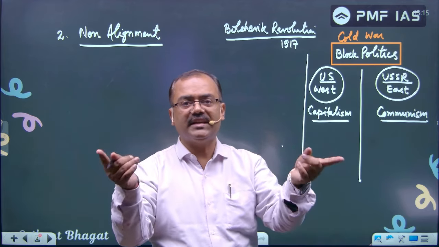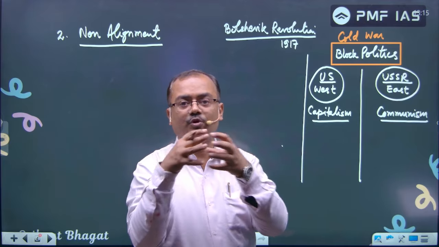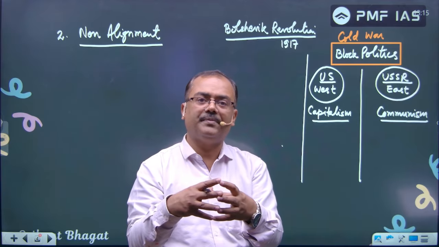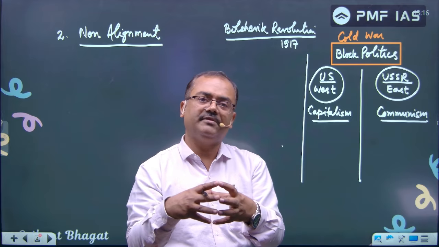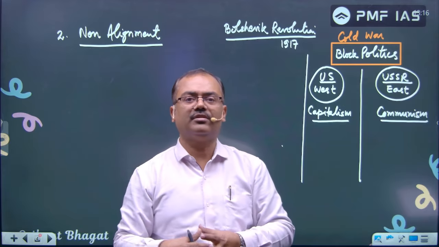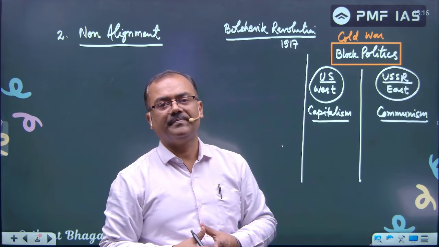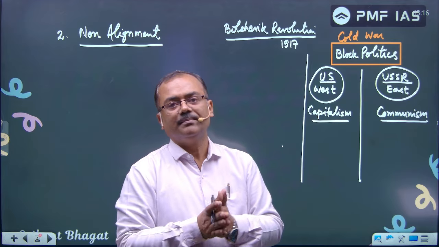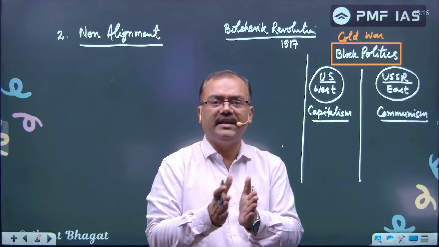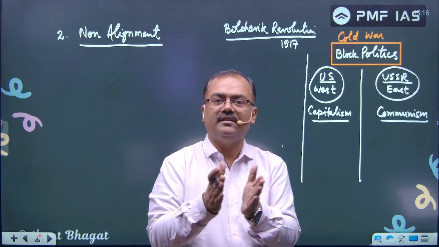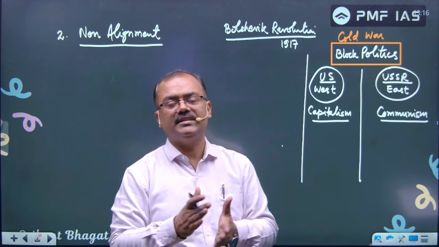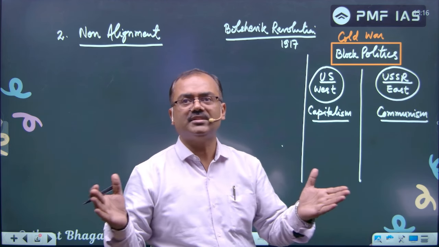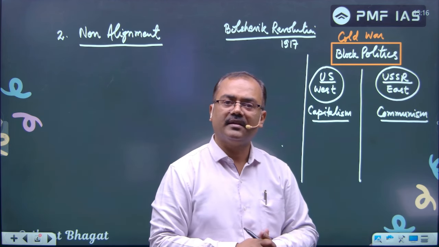Both were suspicious of each other. They were in the same camp against Germany and Japan, the allied countries, but internally they had conflict, tension and distrust for each other.